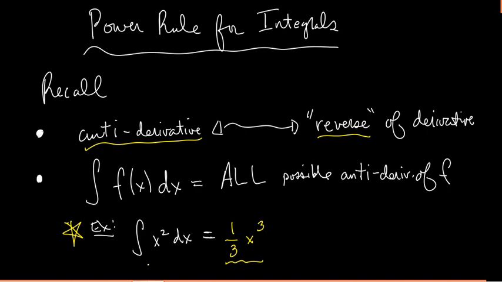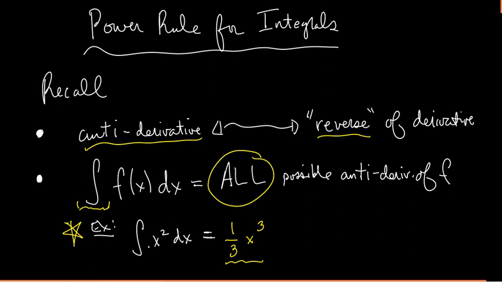But now, remember, how are we going to write antiderivatives? We're going to use this notation, the integral, but this time we don't have endpoints for it. This integral is called the indefinite integral. So if you take the indefinite integral of something, remember, you're not only finding an antiderivative, you're finding all possible antiderivatives.